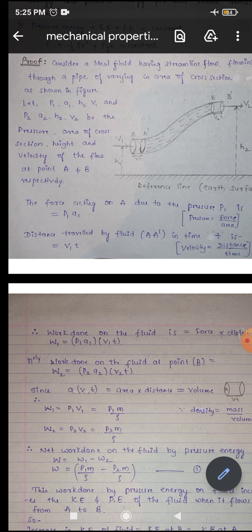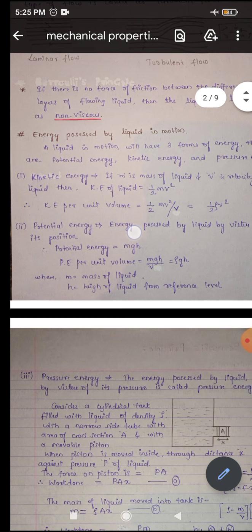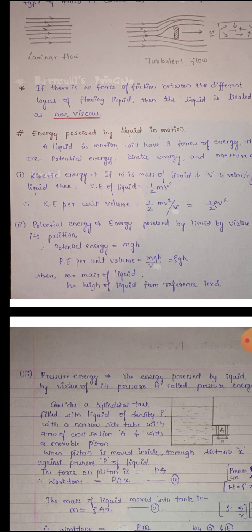We know that the potential energy depends on the mass, gravity and the height, so the potential energy is equal to mgh. Here the mass of the fluid is constant, and g, the acceleration due to gravity, is constant.